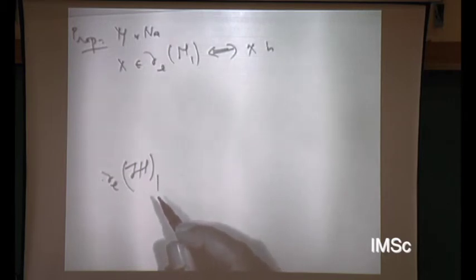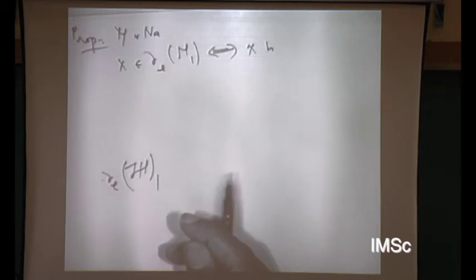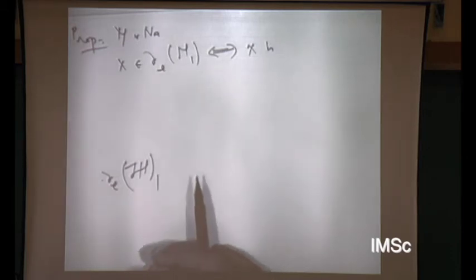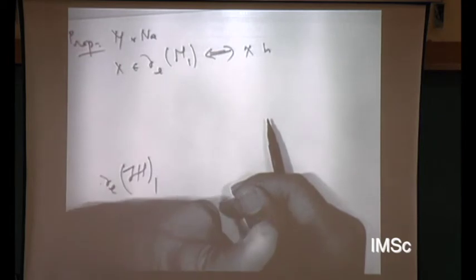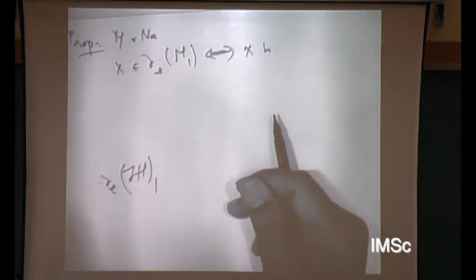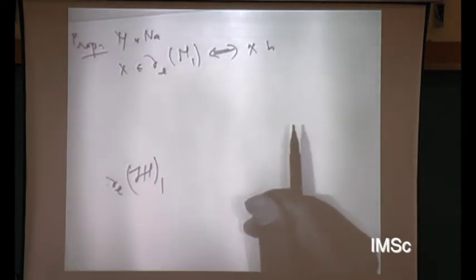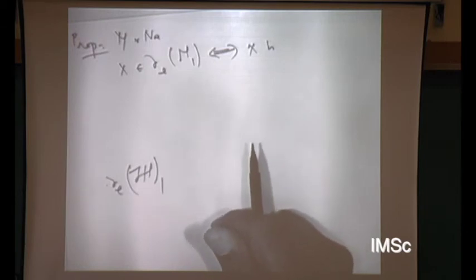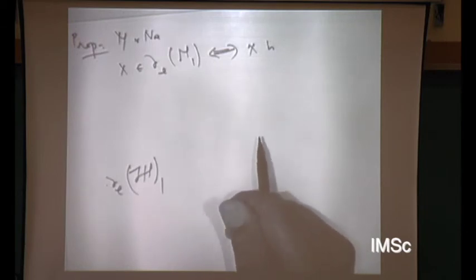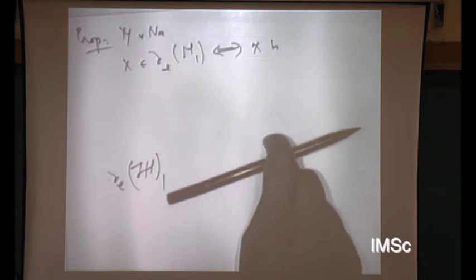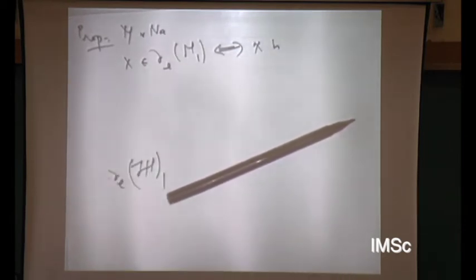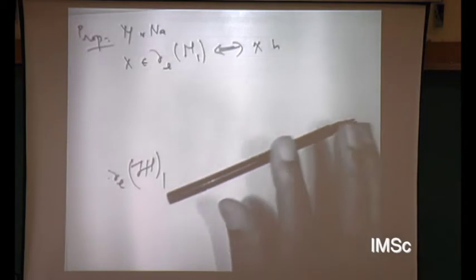But what is special about this basis? What's wrong with this basis? Suppose H is C2, or H is C, let us say.